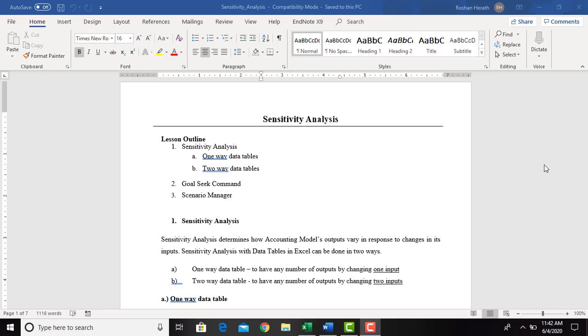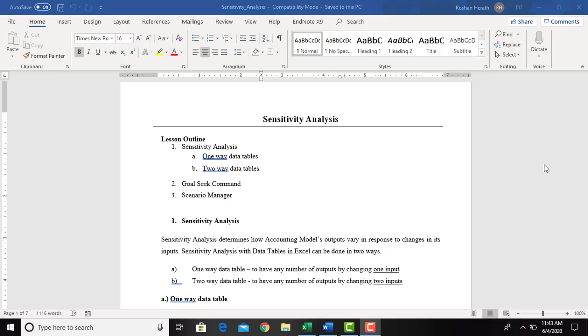From our discussion, we know that in accounting models we deal with inputs and outputs. When there is a change in a given input, what is the effect that it has on the output? That is what sensitivity analysis simply means.